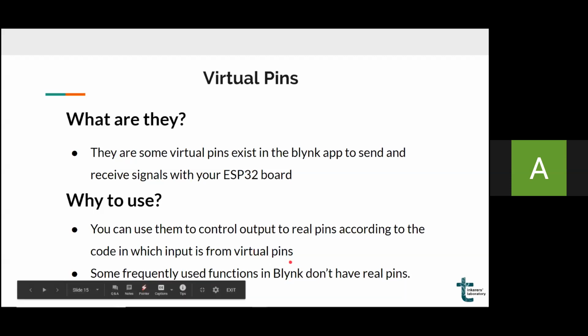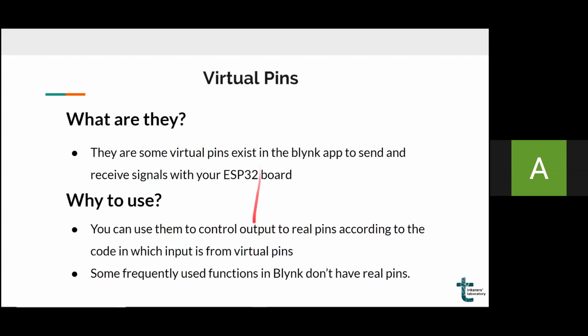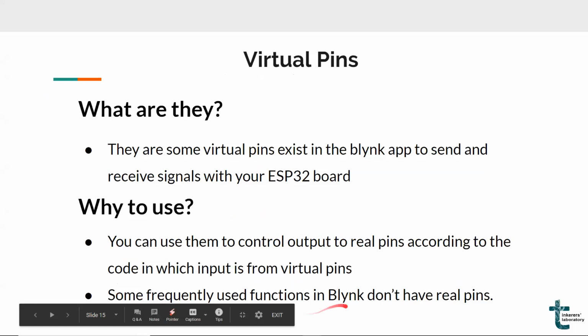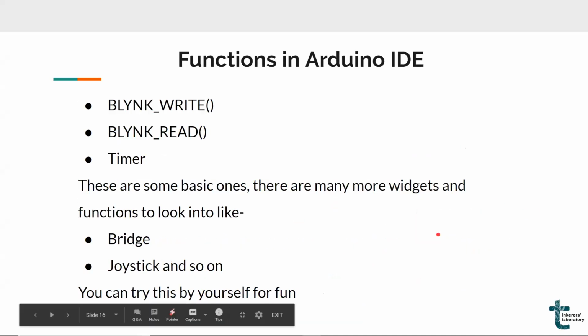So for that we use virtual pins, and we have some functions defined in the Blynk library, which we write in Arduino IDE, to take the data from whatever we write in the virtual pin, or to write data to the virtual pin via our NodeMCU. As you can see, some Blynk widgets don't have any real pins. We will show you some examples of widgets that don't have real pins, so we have to use a virtual pin there.